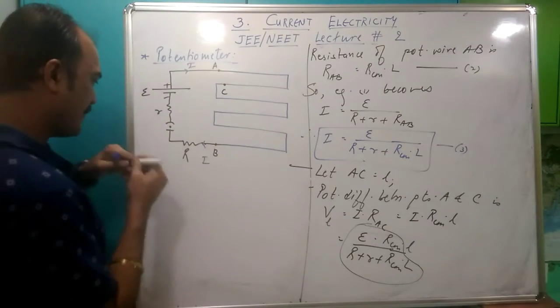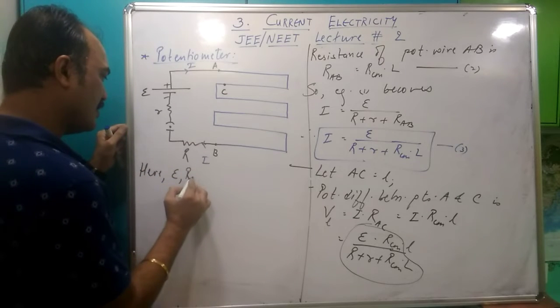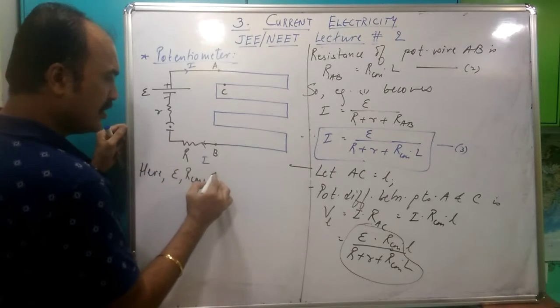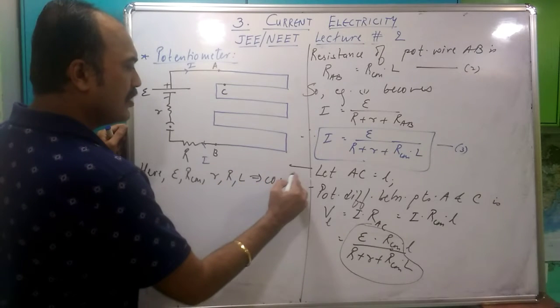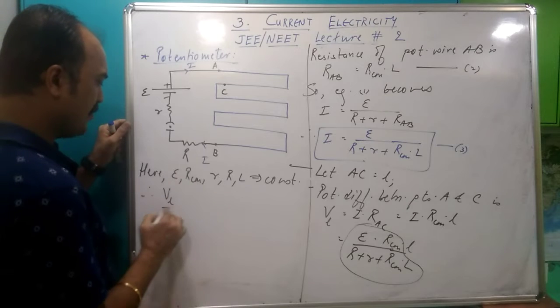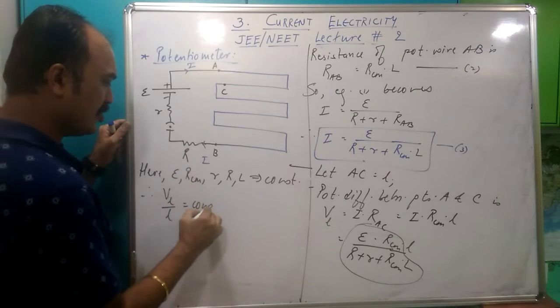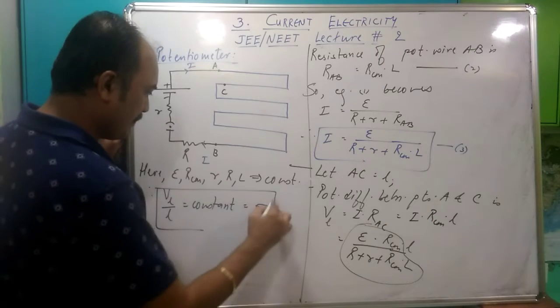Here epsilon, RCM, small r, capital R, L are all constant. So VL by l is all constant, which we denote as sigma.